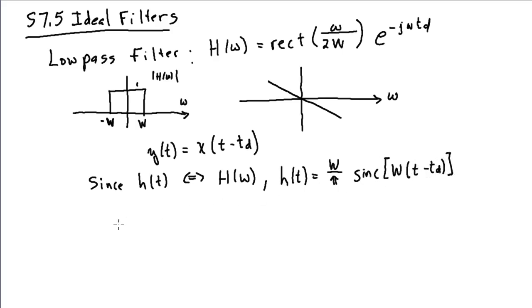And here's a rough sketch of what this would look like. This is a sinc function, delayed so that it's centered at t_d, so this would be the peak of our sinc function.